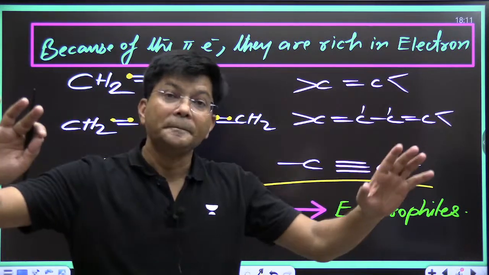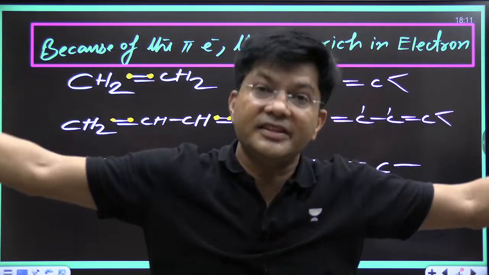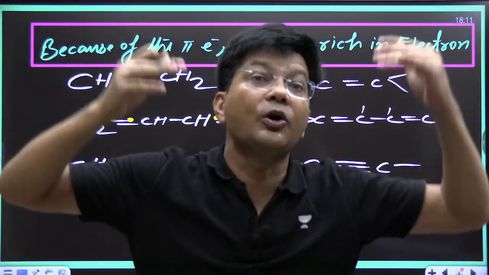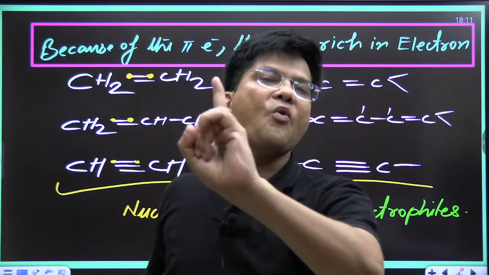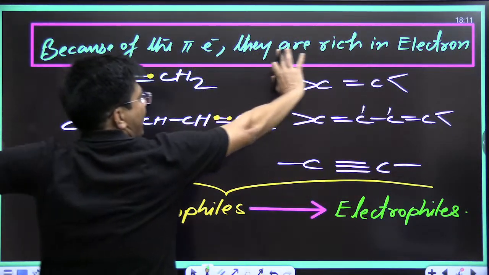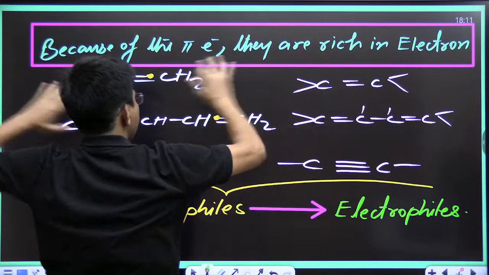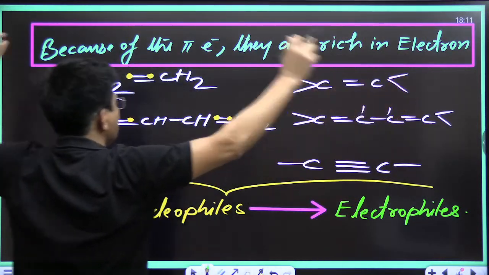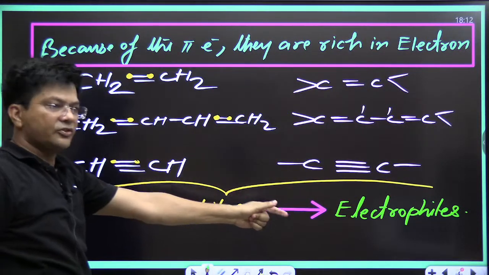This is the thing which you have to recognize in the examination. So remember, whenever you see such entities, you are electron rich.